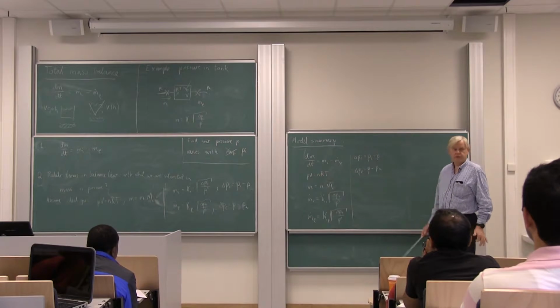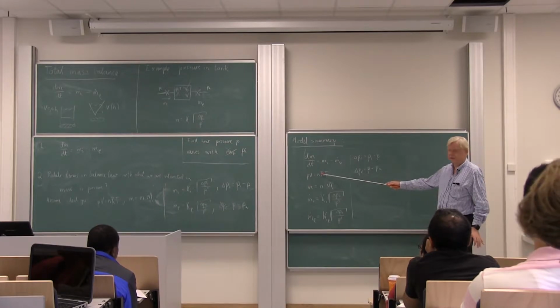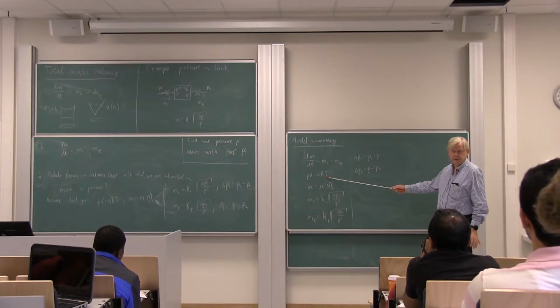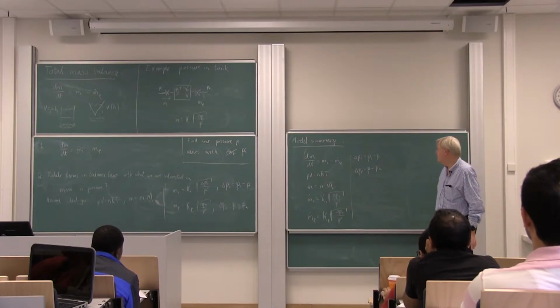N, number of moles, 5. R is a constant, so we don't count that. Temperature, what about that? Well, we could say that it's a variable, so let's include it. So we have 6 unknowns.